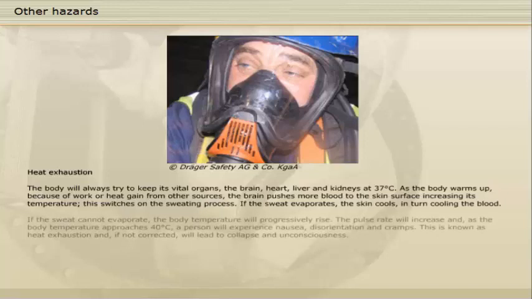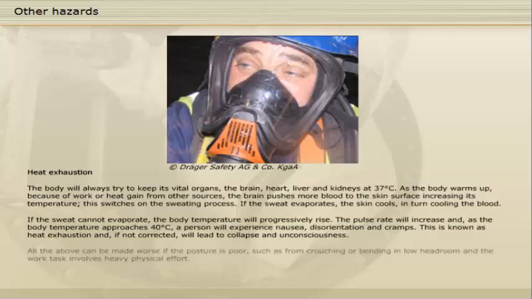If the sweat cannot evaporate, the body temperature will progressively rise. The pulse rate will increase, and as the body temperature approaches 40 degrees Celsius, a person will experience nausea, disorientation, and cramps. This is known as heat exhaustion, and, if not corrected, will lead to collapse and unconsciousness.